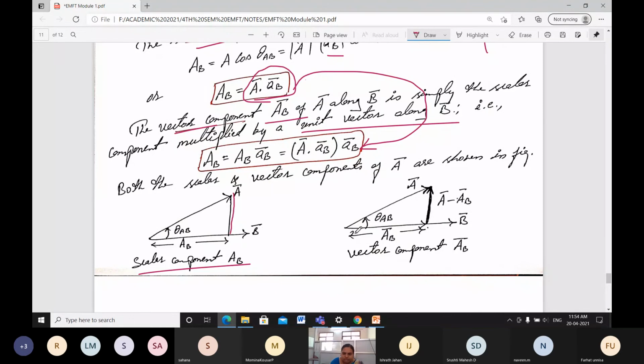But when I represent it as a vector quantity, observe here, we are giving the direction. That is very important. Here is a scalar quantity, here is a vector quantity. Here the value you'll be getting is the vector A_B bar. This is your theta_AB angle.